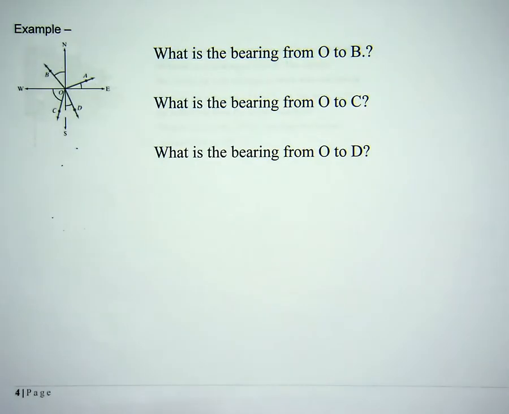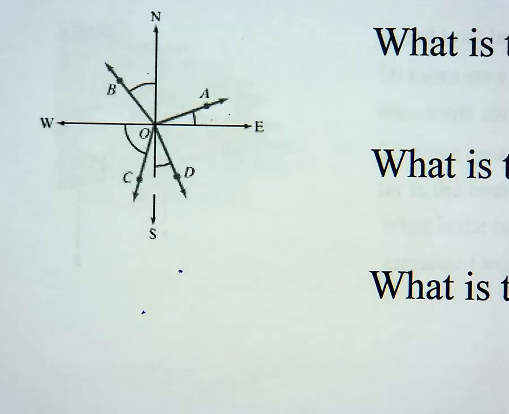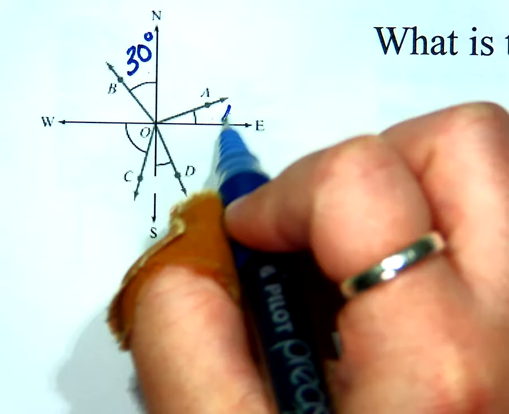Let's do a couple of examples. Here's an example. I'm going to zoom in on this so we can see it a little bit better. Let me put some measurements on here. Let's say that this is 30. Let's say that this is 10.